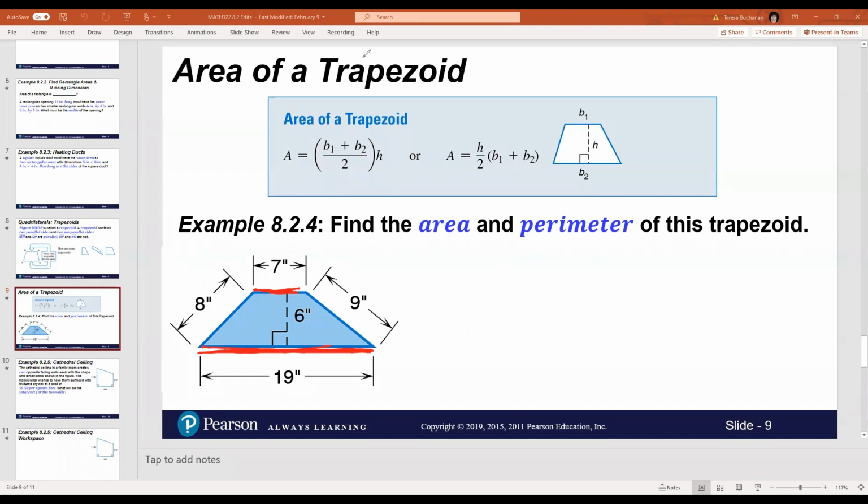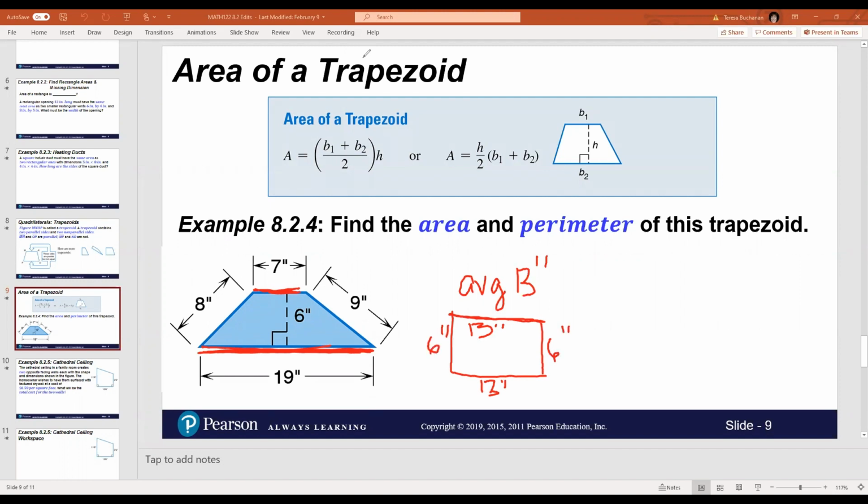We're finding an average length. So if I have a 7-inch base and a 19-inch base, making 26 total, the average length of a base is 13 inches, right? And in a sense, what we're doing is acting as if the trapezoid has become a standard rectangle, where the top and the bottom would both be 13, and the sides here would both be 6.